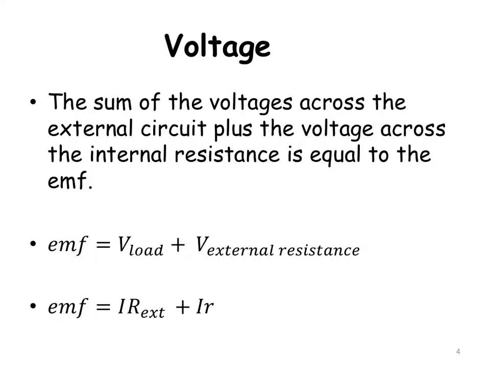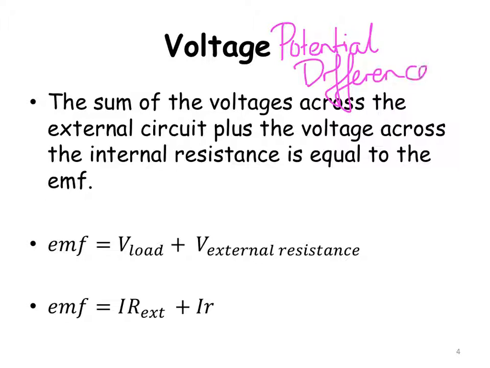I'm going to talk about this concept of voltage, or potential difference is another name. If I add up the potential difference of the external circuit as well as the internal circuit, this should read internal, sorry.